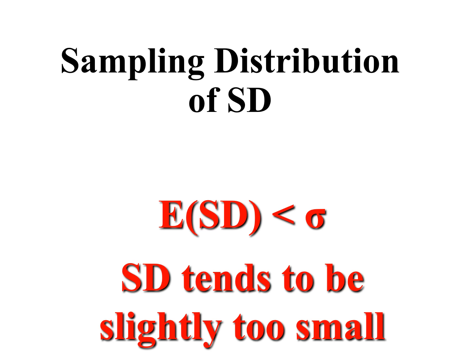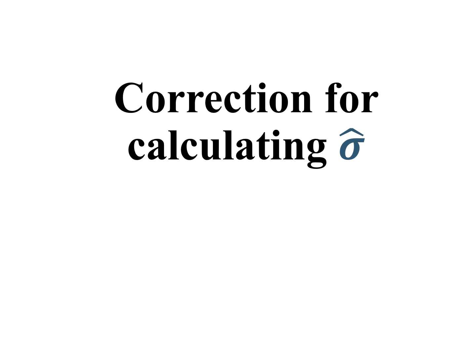Usually, SD in the sample only slightly underestimates sigma in the population, and it's really nothing to be concerned about. However, statisticians like to be precise, so they have developed a correction for estimating sigma. Remember, the estimator for sigma has a little hat on it.